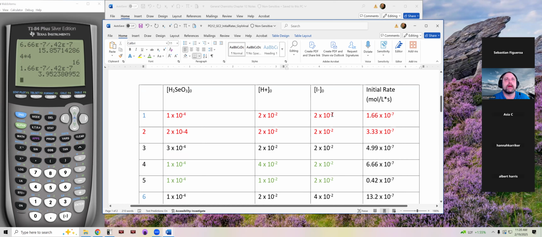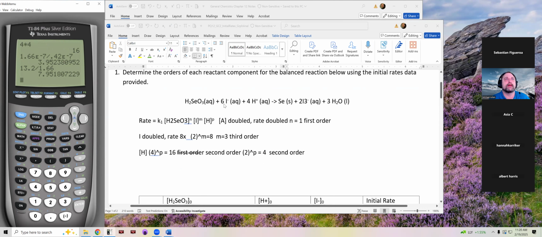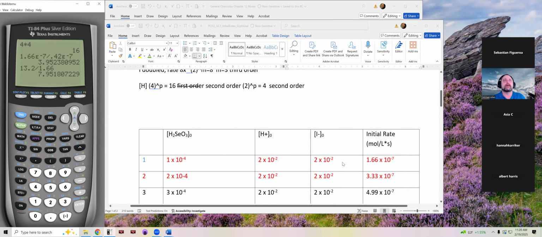If I'm looking at I, I got 2 to 4, and then this is quite a bit more. What did we say that was? 13.2 divided by 1.66. That was 8. So we doubled it and we got to 8. And so that's third order, first order, second order. I'll buy all that.